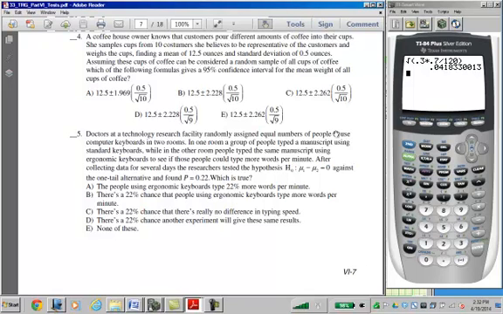B, there's a 22% chance that people using ergonomic keyboards type more words. Another statement about the population, nothing about the sample. C, there's a 22% chance there's really no difference in typing speed. Another statement about the population. D, there's a 22% chance another experiment would give the same results. Nothing about the sample; the p-value has nothing to do with other experiments. It's none of those.